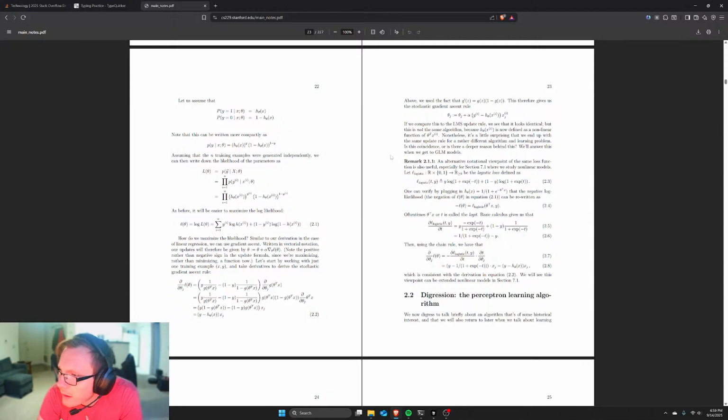I like to know when my vectors are vectors. I like to know when my notation is clear. Then we take the ln of that.